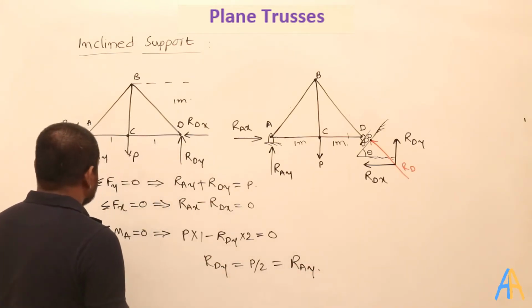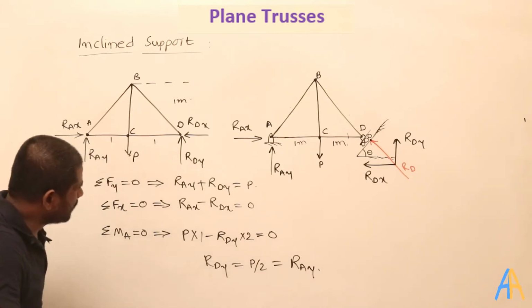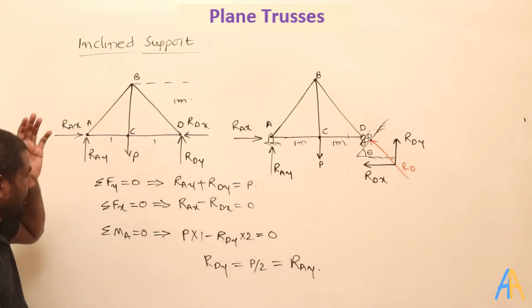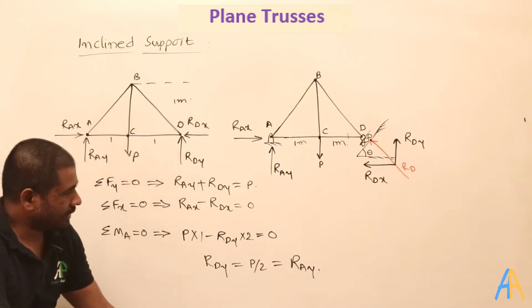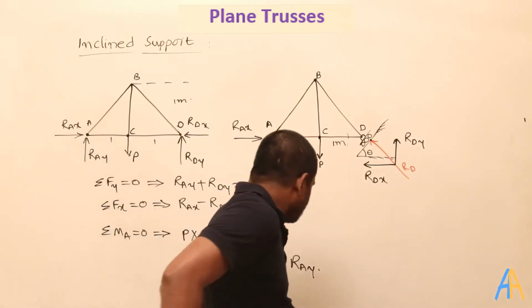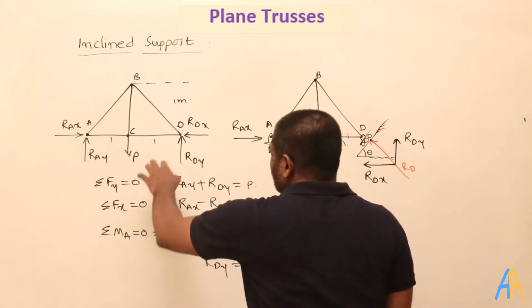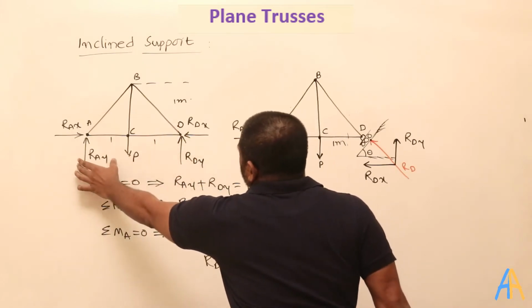In the same way, we can find out like this, and then from this, how will you find out the RDX and the RAX? That is the next doubt. For example, if I apply the moment equation at the point D here, then again you will get the RAY. Why?